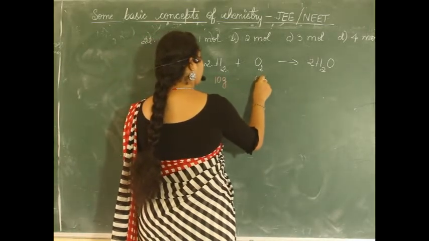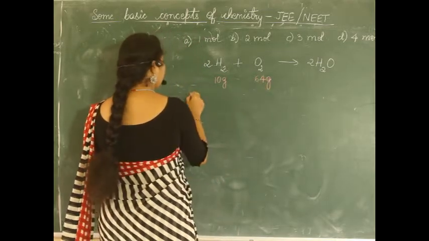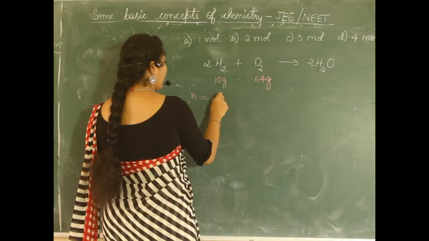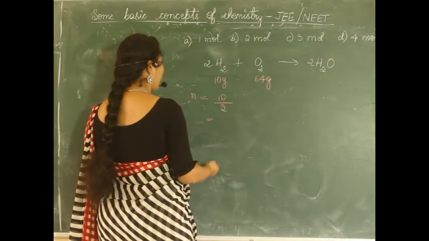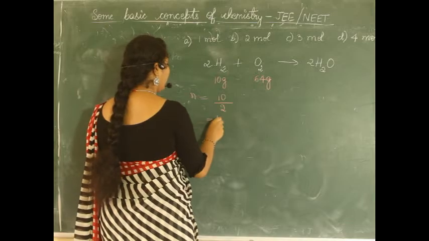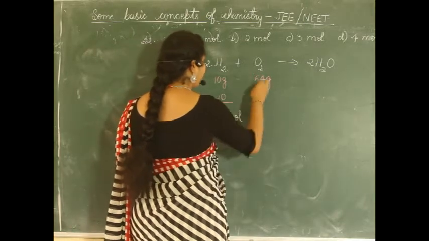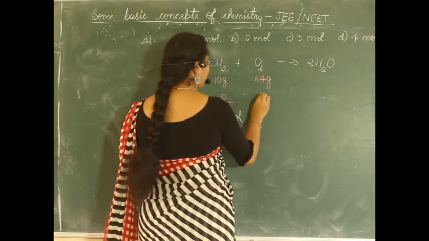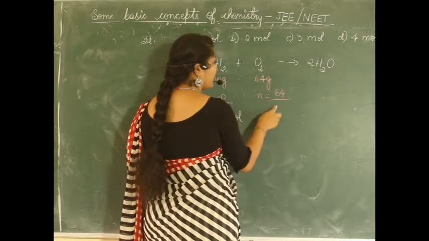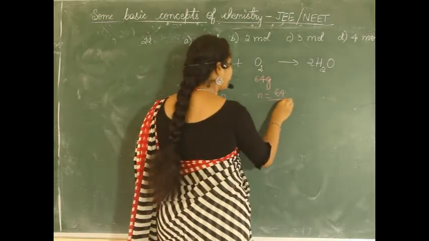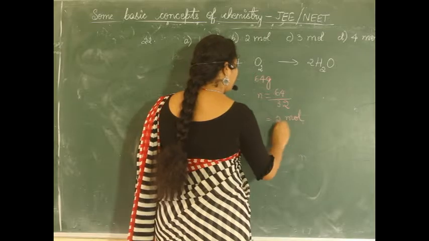Oxygen is given to be 64 grams. So let us find number of moles here. Given mass by molar mass is 2. So the number of mole comes out to be 5. Here N is equal to given mass by oxygen's molar mass, 16 2s are 32. Number of moles comes out to be 2 mole.